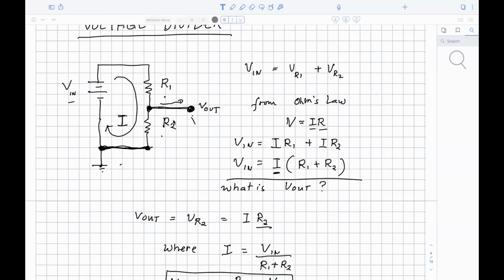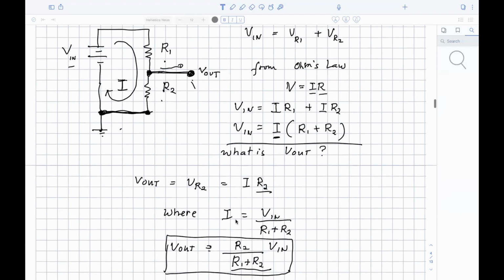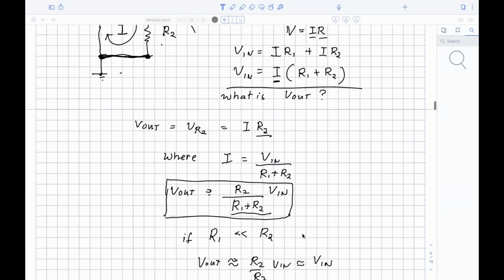V out essentially is the voltage across R2, which is just I R2, where I, given by this equation, is V in over R1 plus R2. And therefore, V out is simply V in times R2 over R1 plus R2.